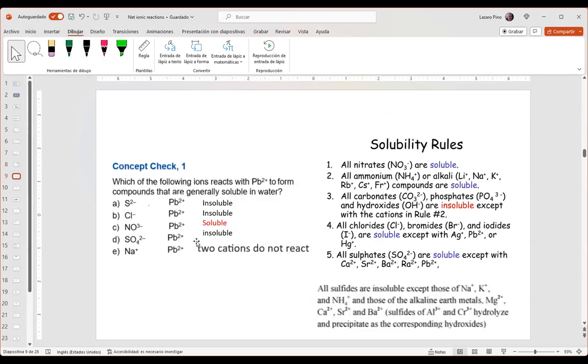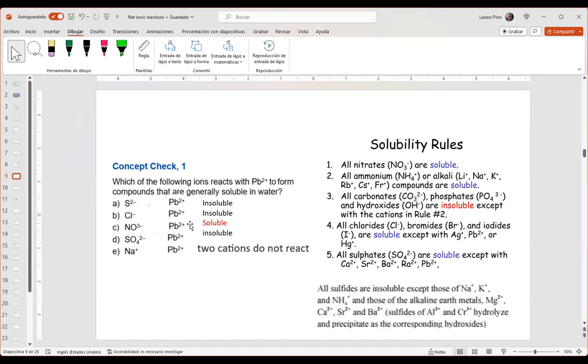Here you have the combination of different compounds, sulfur and lead. Let's see, all sulfides are insoluble except for sodium, potassium, etc. So this compound is insoluble because it's not in the group of the soluble ones.